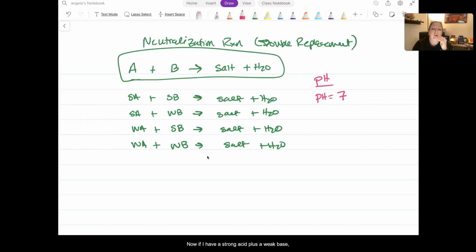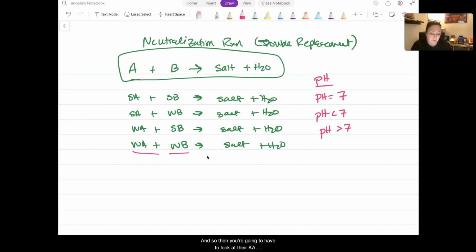Now, if I have a strong acid plus a weak base, then what that's telling me is that my pH is going to be on the acidic side. So the pH should be less than 7. If I have a weak acid and a strong base, then my strong base means that my pH should be around or greater than 7. And weak acid and weak base, that depends on who they are.